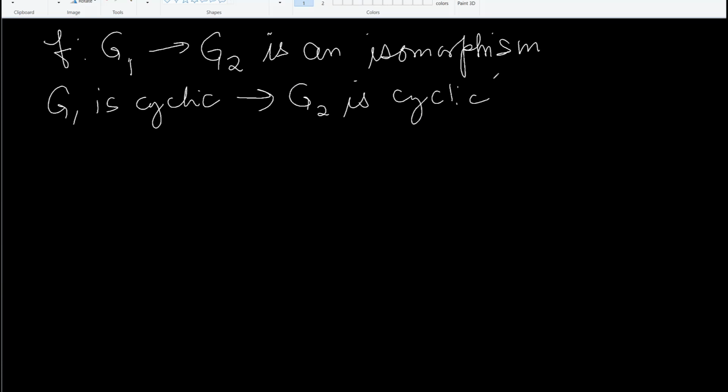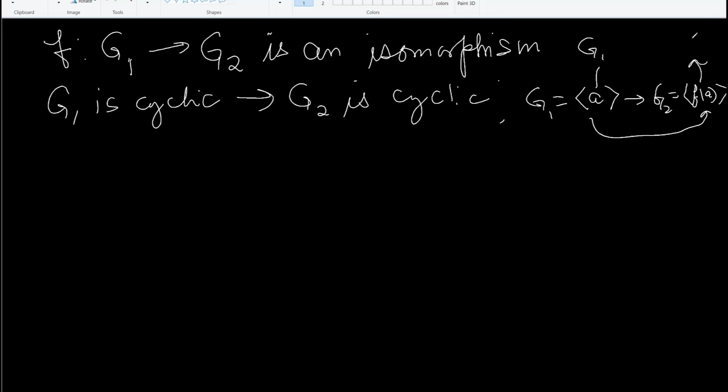And what we are going to aim for is this: if G1 is generated by an element a, then, which looks quite natural, G2 should be generated by f(a). Of course, a is an element in G1, and f(a) is an element of G2. Okay. So G1 is generated by a means what?